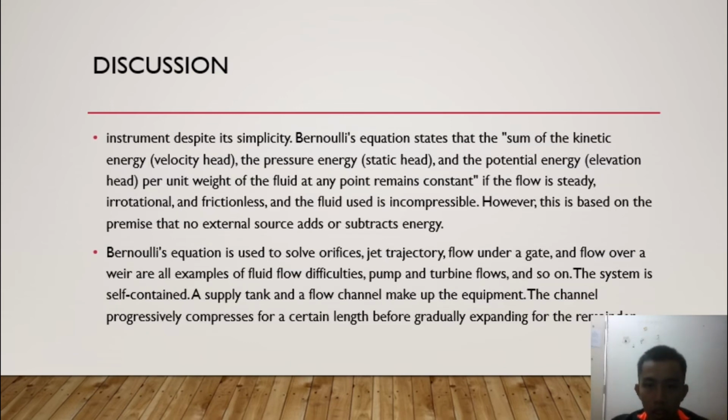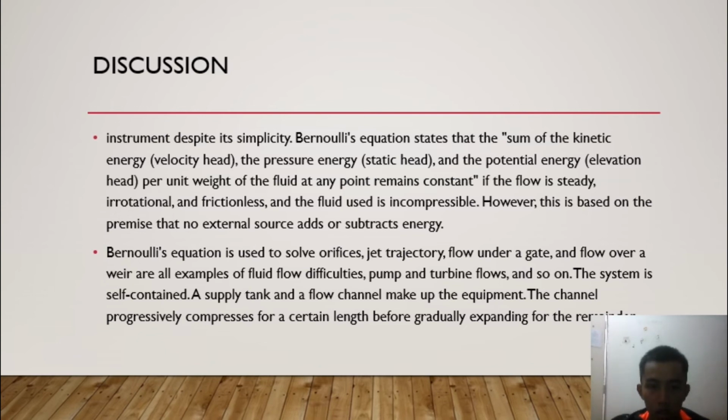Bernoulli's equation states that the sum of the kinetic energy, the pressure energy, and the potential energy per unit weight of the fluid at any point remains constant if the flow is steady, irrotational, and frictionless, and the fluid used is incompressible. However, it is based on the premise that no external source adds or subtracts energy.